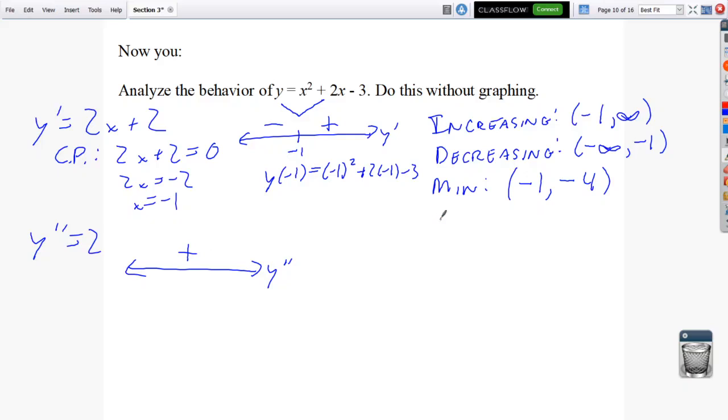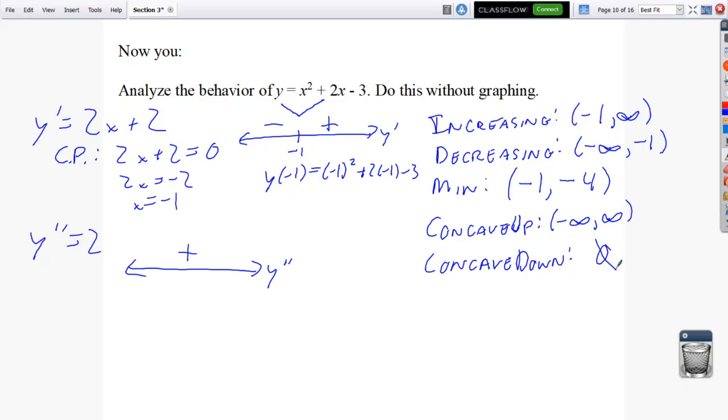So that determines where my function is concave up: concave up wherever the second derivative is positive, and that is from -infinity up to infinity, and concave down nowhere. Which means I have no points of inflection.